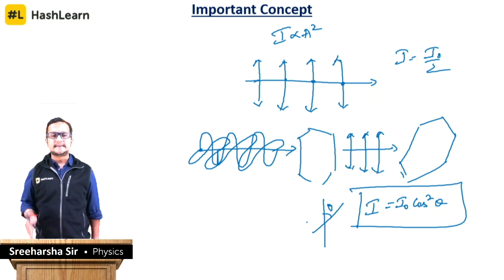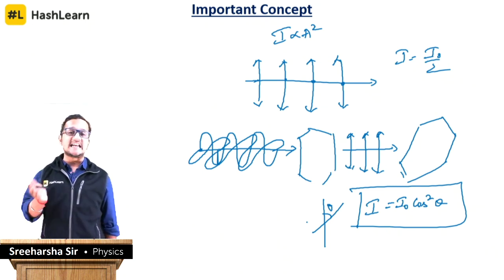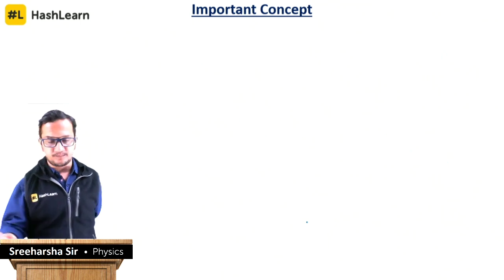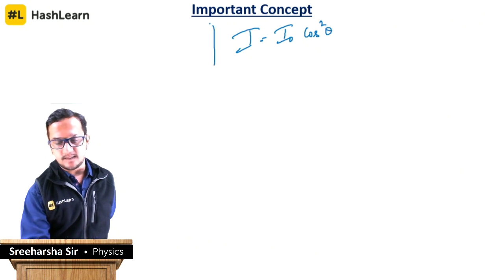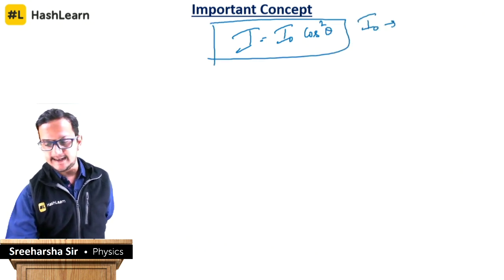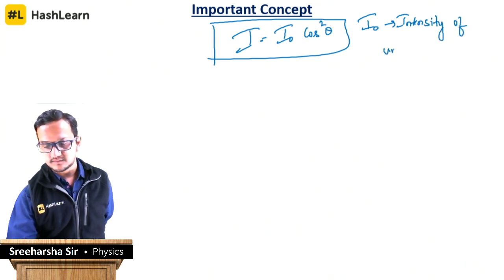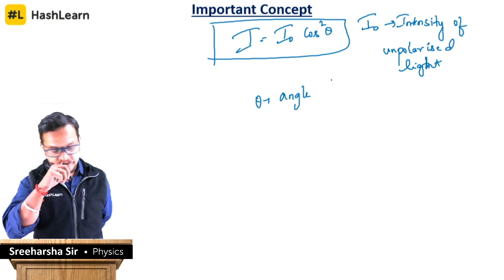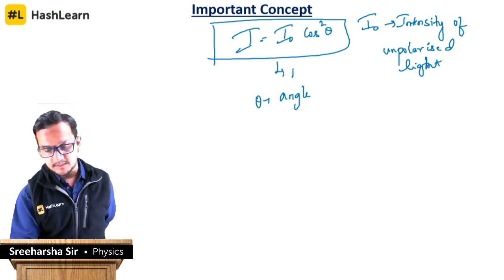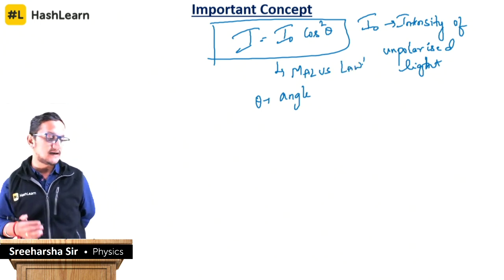I is equal to I naught cos squared theta, where I naught is the intensity of unpolarized light and theta is the angle. And this is remembered as Malus's law.